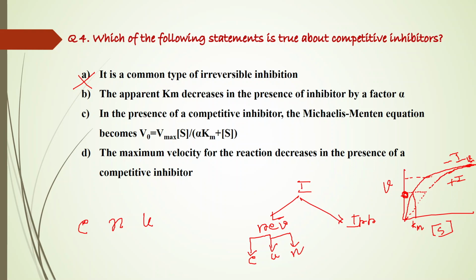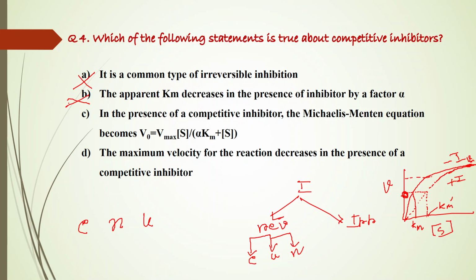Now if we go to this graph with inhibitor, then our Km value comes something like this, writing as Km prime. So what we can see actually, is that Km value increases in case of competitive inhibition when you add the inhibitor. So the second statement where it is said that Km decreases in presence of inhibitor is actually a wrong statement. So again, we are omitting the second option as well.